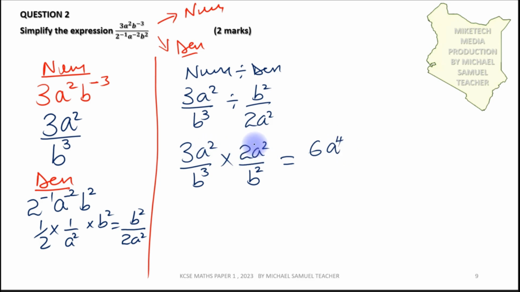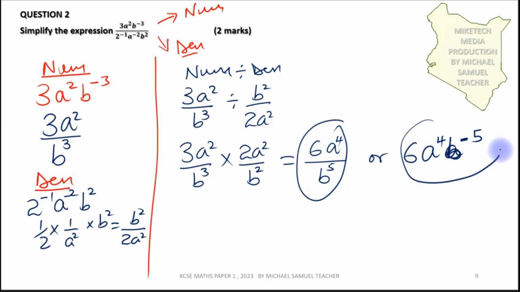We add the powers. And the denominator part is b raised to 5. We add the powers since the base is the same. So this can also be written as 6a raised to 4 times b raised to minus 5. Either of these is acceptable.